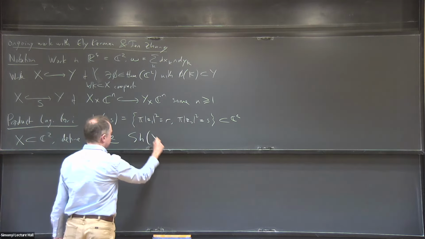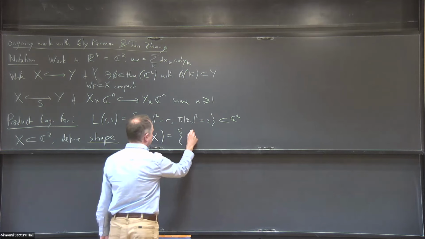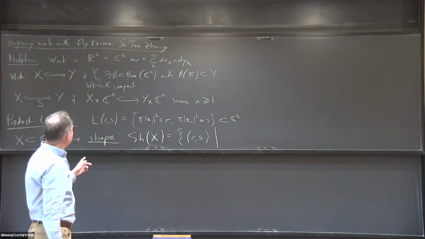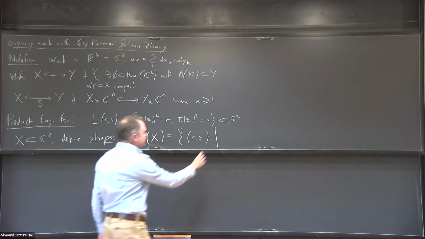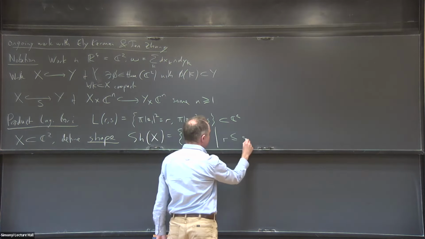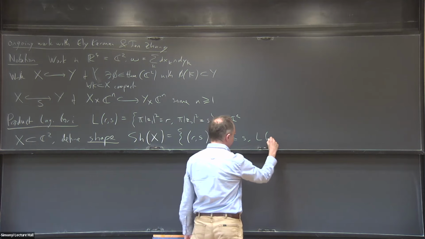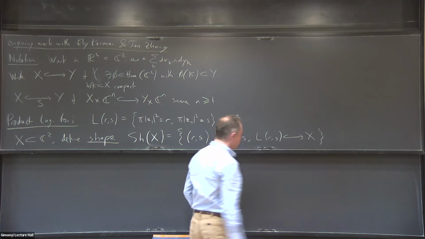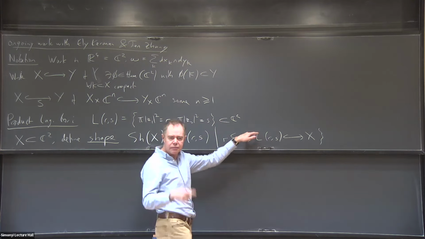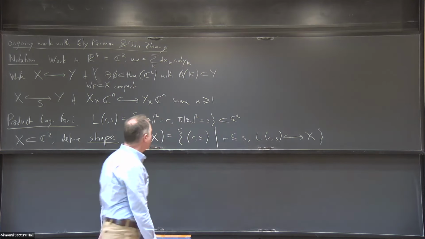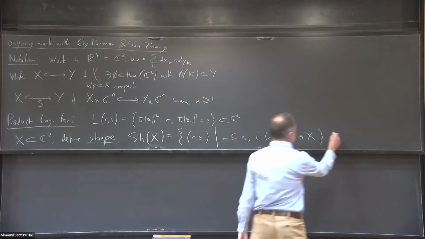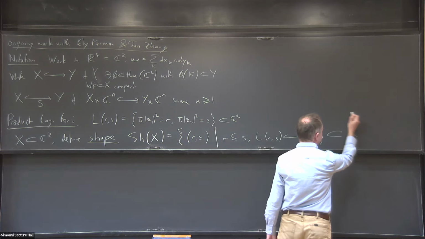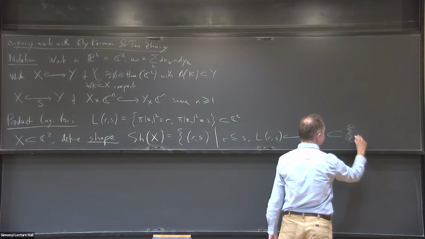That's H of X. It's pairs R, S such that, well, because of this reversing factor thing, we're going to assume that R is less than S and the product Lagrangian torus embeds into X. So in other words, there's a Hamiltonian diffeomorphism taking the torus into X. Right. So this is a subset of R2, so it's a subset of the set of R less than S.